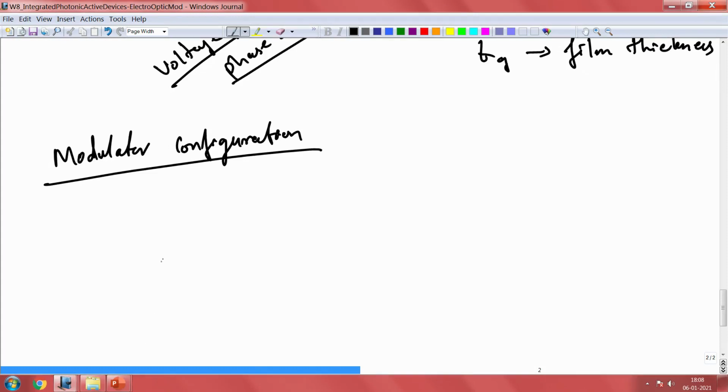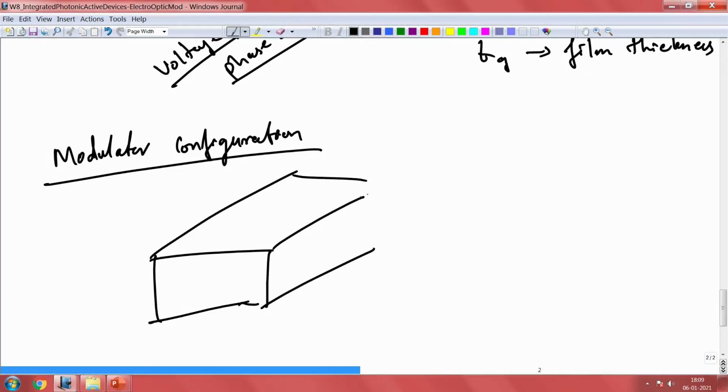One way is you could take a piece of the anisotropic material and apply a field transversely, so you have minus and plus, right.